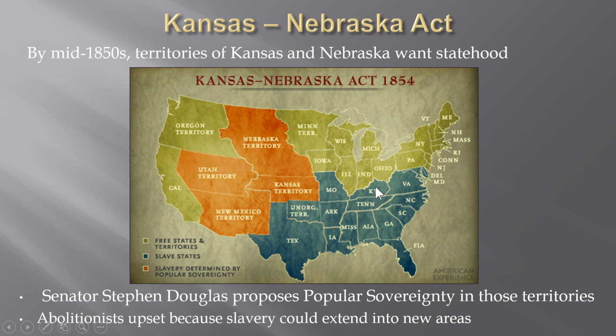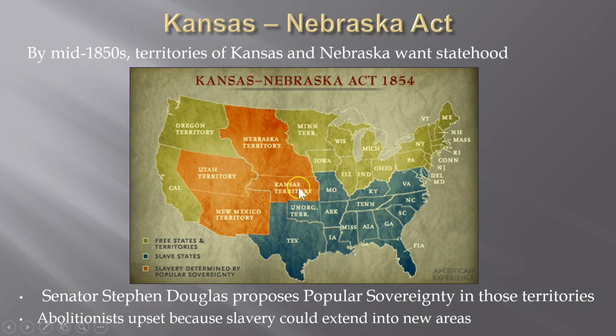But Stephen Douglas, who's from Illinois, right here, realizes that sooner or later there's going to be a transcontinental railroad built to California. And he realizes that if he can get the support of Nebraska and make it a free state, he can help prompt that railroad being built through the north. So he comes up with this idea of popular sovereignty.